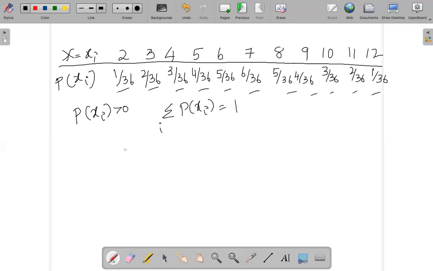Now what we have formed is the probability distribution table. Now let us find the mean. So mean, which is mu, is the summation of xi, P of xi's.